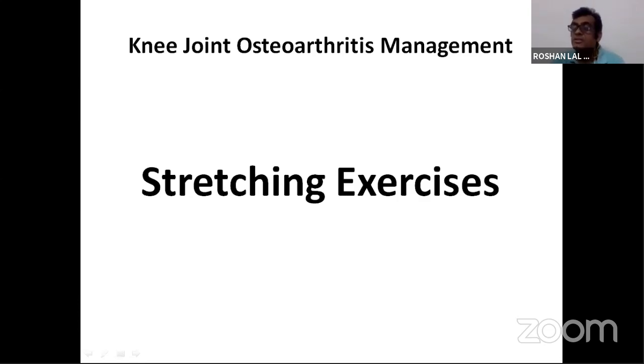Now, these shortened muscles further limit the movements or reduce the movements, which leads to deformities like extension lag or flexion deformity. Therefore, stretching exercises are initiated to increase the flexibility of the muscles and to improve the movements.